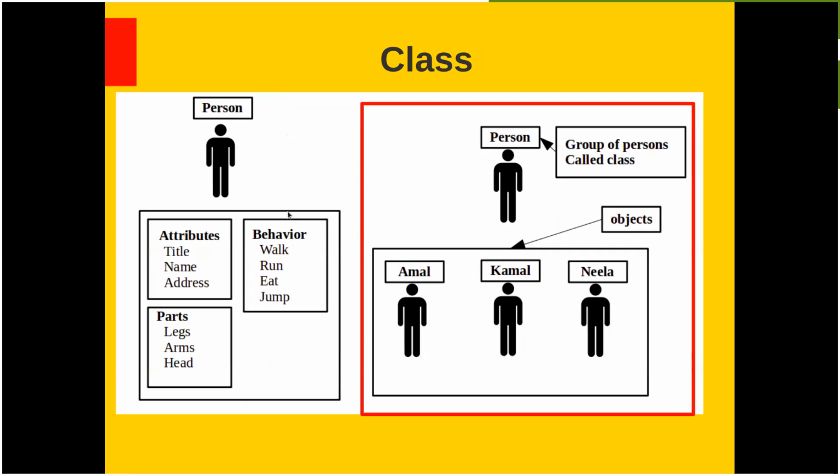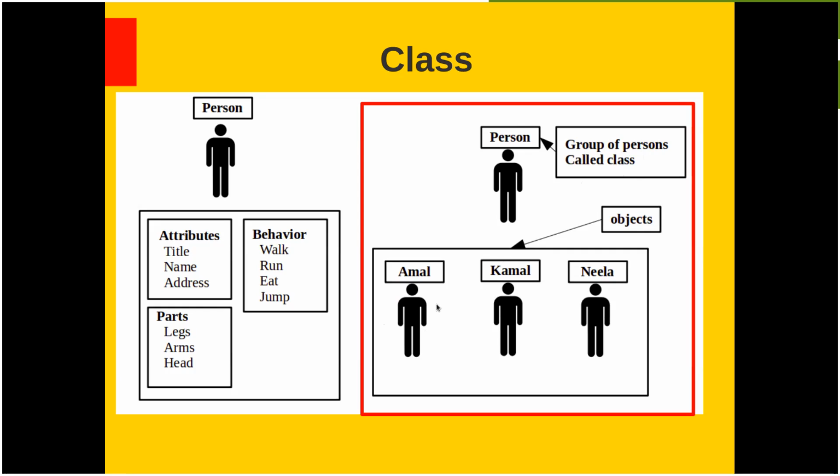The class. Earlier I explained objects, but a group of objects is called a class. Here, Amal, Kamal, and Neela. There are three objects here. All these objects belong to one class, person. A group of persons is called a class. Then say, car.